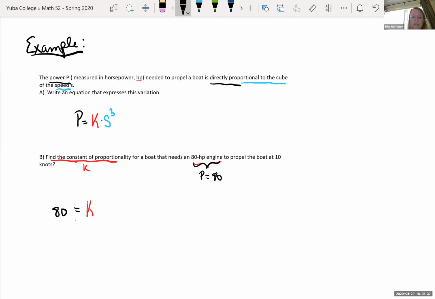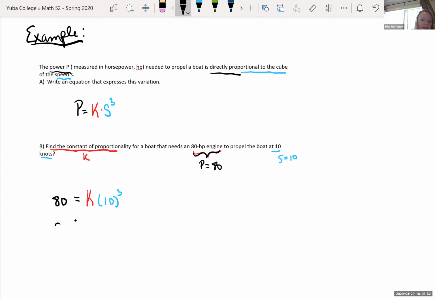So we're going to have 10 cubed. Now we can figure out what K is. We have 80 is equal to K times 10 cubed. 10 times 10 times 10 is 1,000.